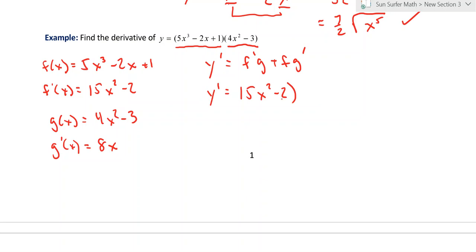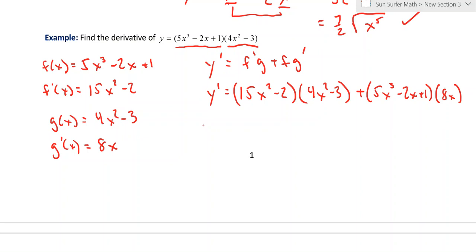And that's being multiplied by g, which is 4x squared minus 3, plus f, which is 5x cubed minus 2x plus 1, being multiplied by the derivative of g, which is 8x. And that's the derivative, yes, unsimplified. So we need to multiply all of this stuff together, add similar terms to finish it off.